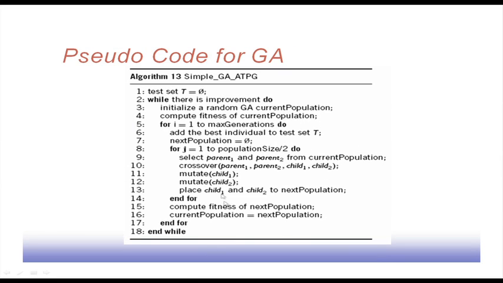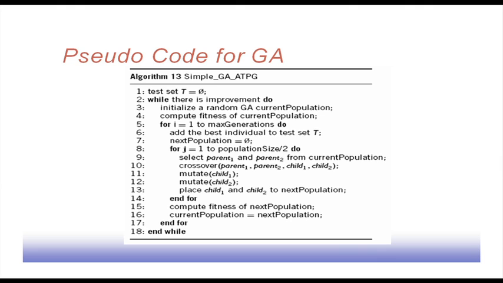So, this is the pseudo code of this GA based ATPG technique. Initially the test set is null, and while there is improvement, where improvement may be in terms of fault coverage, like new faults getting detected, so the fault coverage of the test set is improving. Initially fault coverage is 0. So, what we do is initialize a random GA current population, and we compute the fitness of the current population.